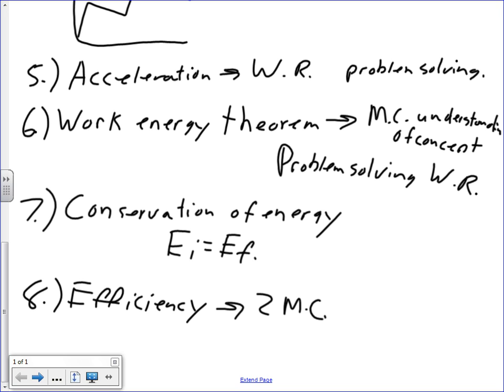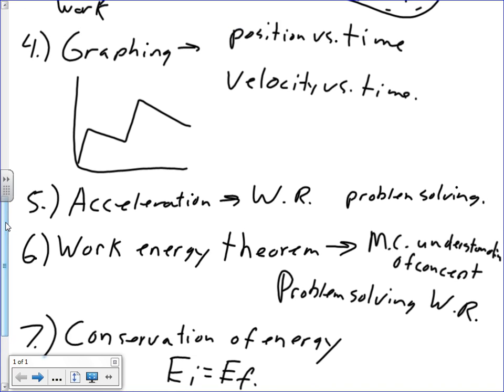Now, it doesn't look like much, but we spent a lot of time on 2 things, graphing and work energy theorem. Those are the big ones. Obviously being able to do problem solving of any kind, v equals d over t, acceleration, all of that is really important. There's lots of marks there on those concepts. And then for the multiple choice, it's reading over your notes and being able to demonstrate your understanding.